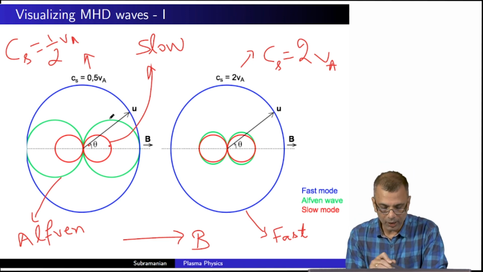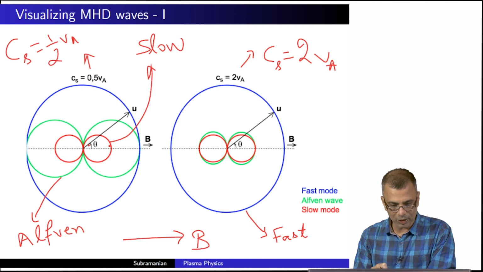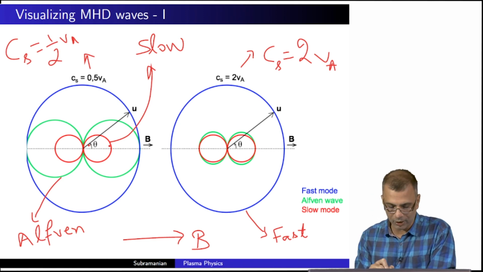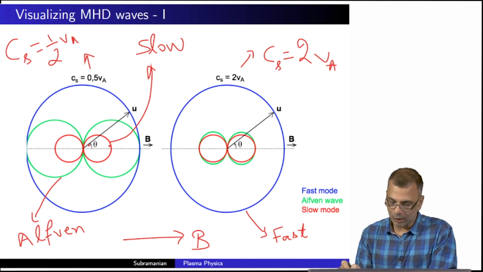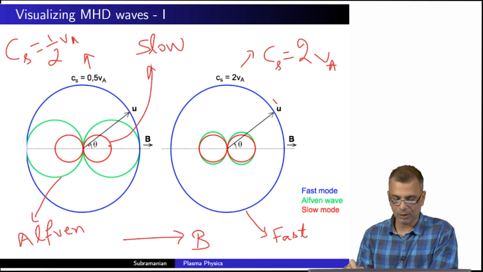Okay, but the important difference between this case, where the sound speed is smaller than the Alfvén velocity, and this case, where the sound speed is larger than the Alfvén velocity, is that the fast mode is more nearly isotropic here. Here there is a little bit of flattening, whereas here it almost looks like a perfect circle.